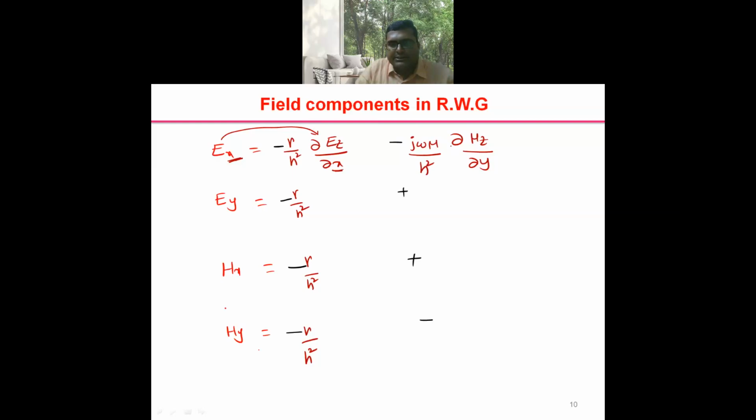You are supposed to remember, for H, you substitute mu. For E, you substitute epsilon.